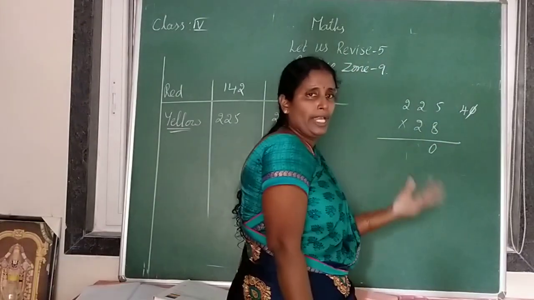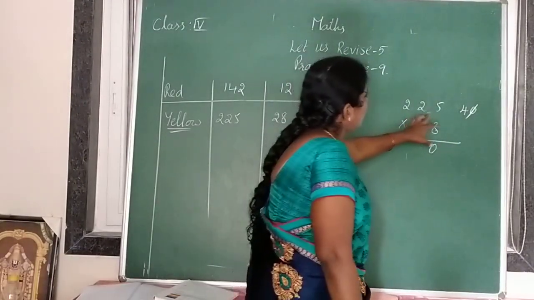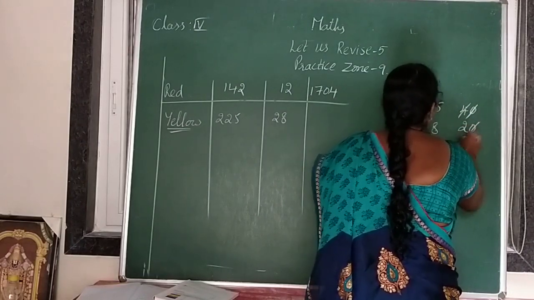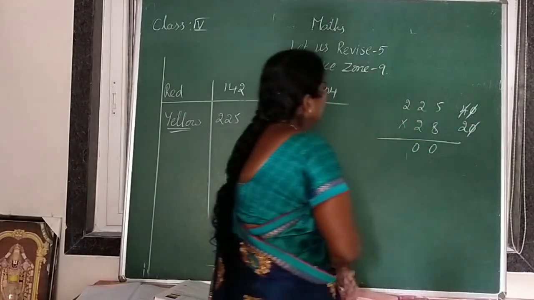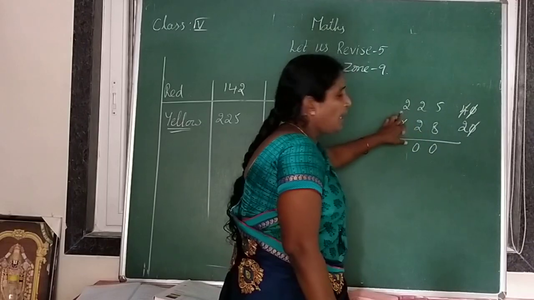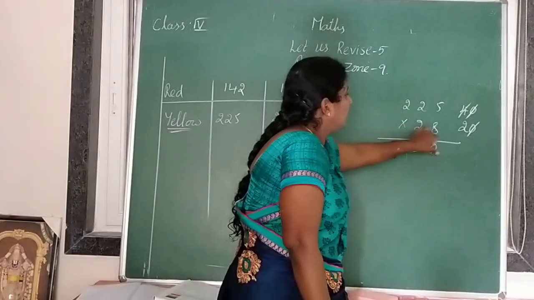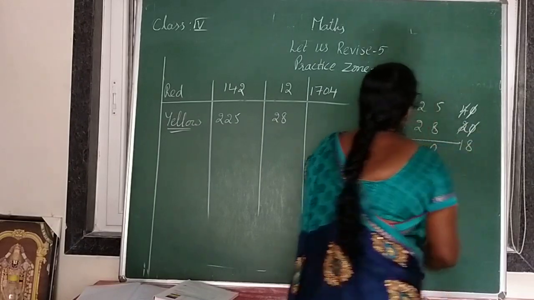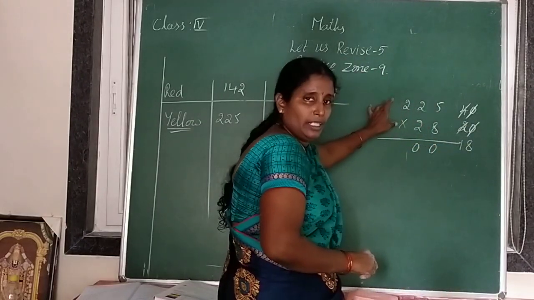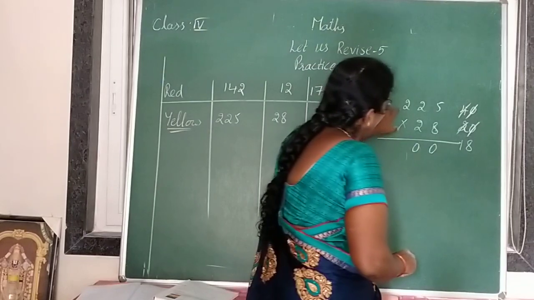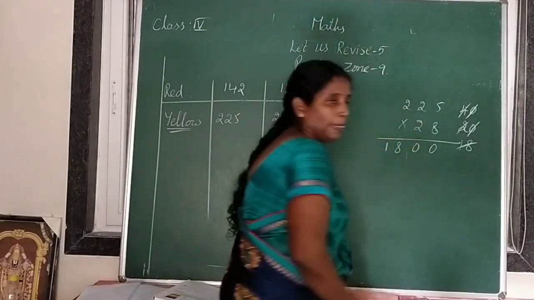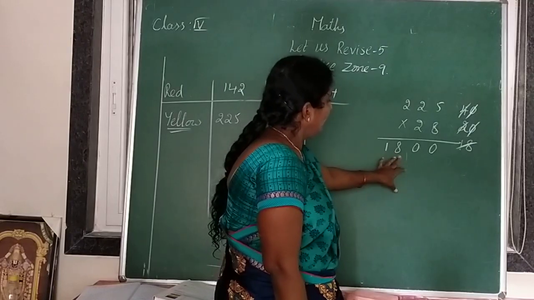So we have to add the carryover. 16 plus 4 is 20. Again cancel 0 and write down. Next 8 2s are 16 plus 2 is 18. There is no digit in the thousands place, so directly we write 18.